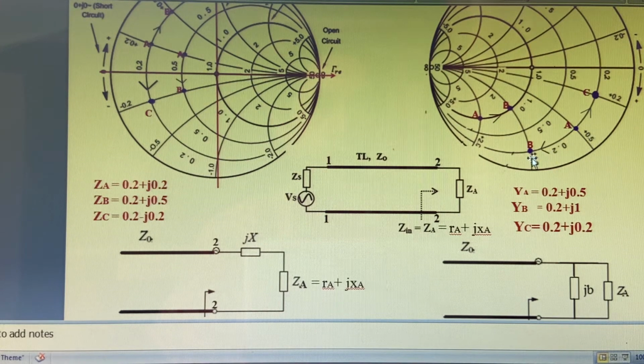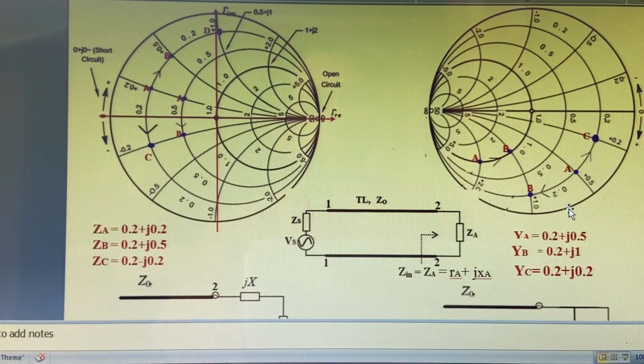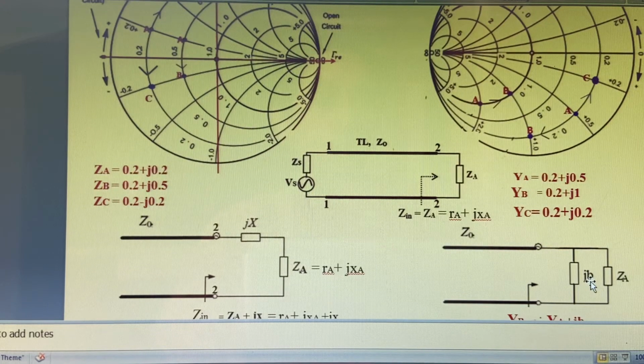You subtract the initial susceptance value from the final position's susceptance value, the susceptance of B. We will get the value of the susceptance added. Like that, we can find how much is added.